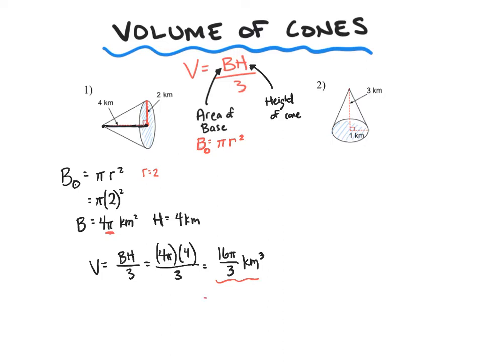So my answer could also be 16.76 cubic kilometers. So both of these are good answers. That one's in terms of pi, and this one is rounded to the nearest hundredth. So that's how we do it. Find the area of the base using pi r squared, multiply it by the height, and then divide by 3.